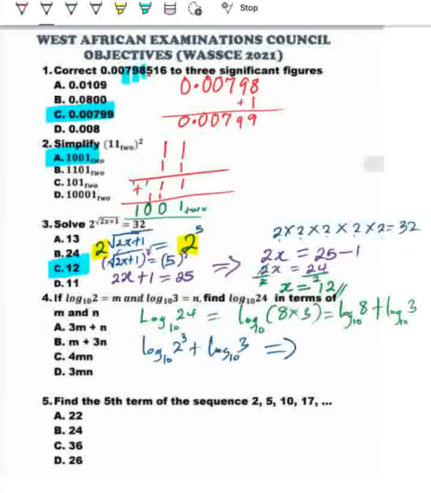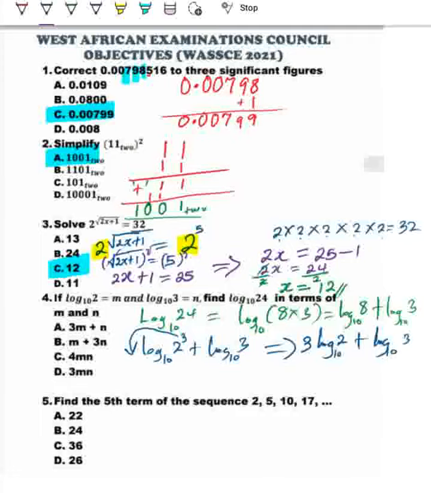Anytime we have a number in logarithm expressed this way, we can simply move the power. So we have 3 log 2 base 10 plus log 3 base 10.